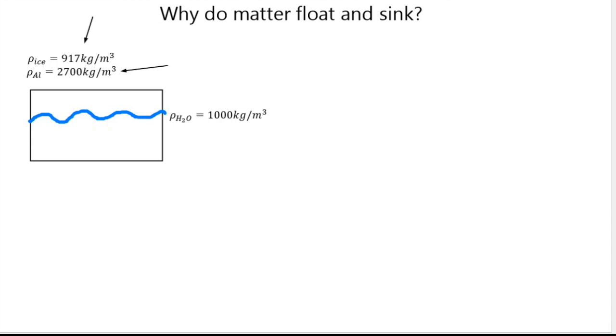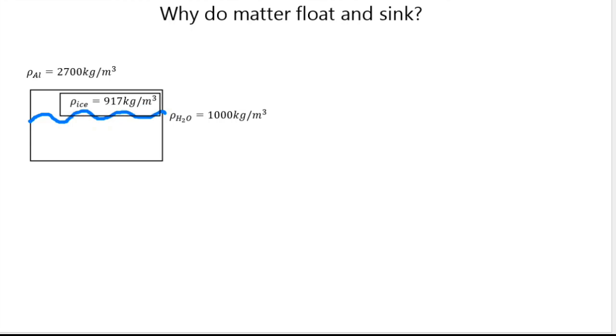And we're going to put something like ice and aluminum. We have a given here that the density of ice is 917 kilogram per cubic meter, and the aluminum is around 2700 kilogram per cubic meter. Let's say we put the ice. After we put the ice, it will float. So why does it float?